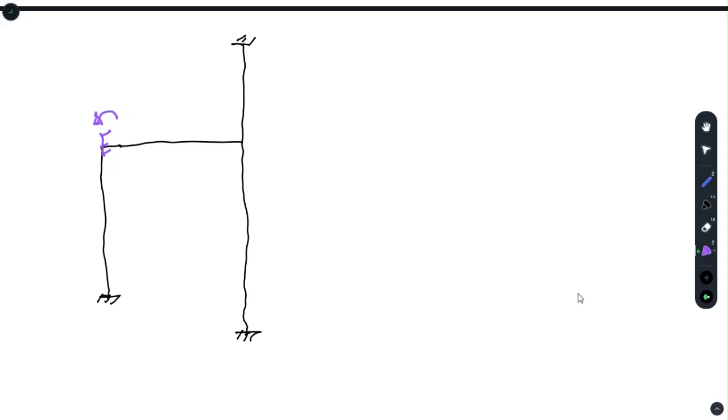This fixed support will get inclined, isn't it? So it will be inclined like that. It's a bit exaggerated, and the deflected shape will be like that.